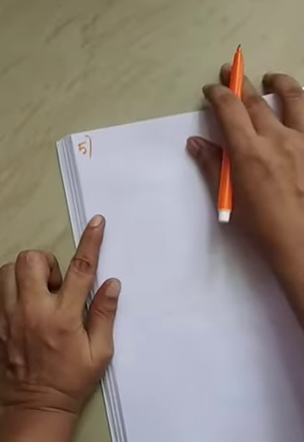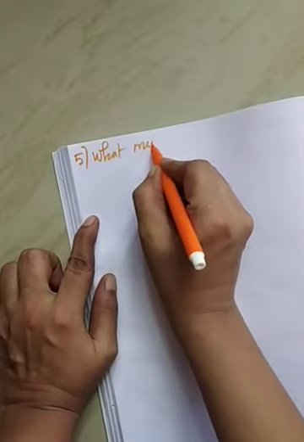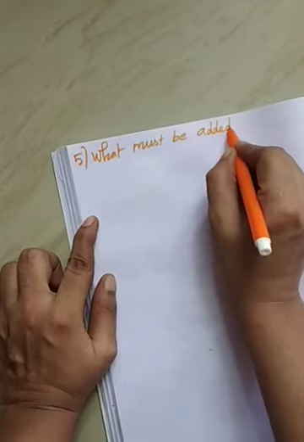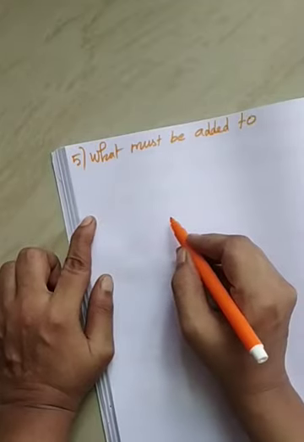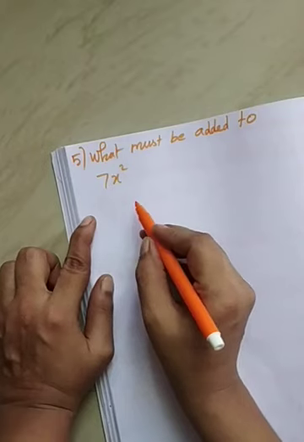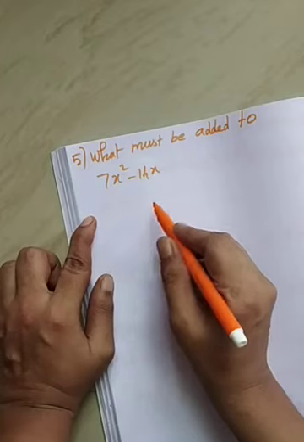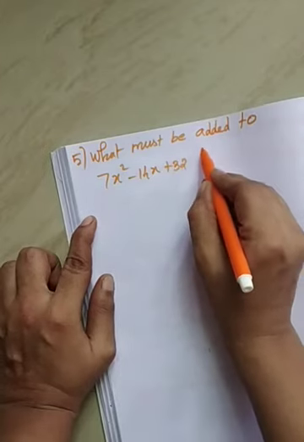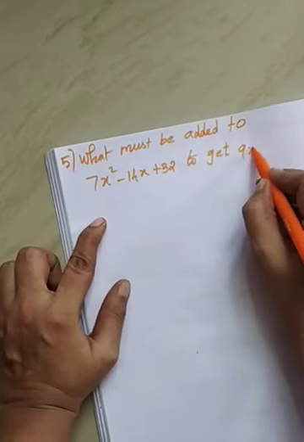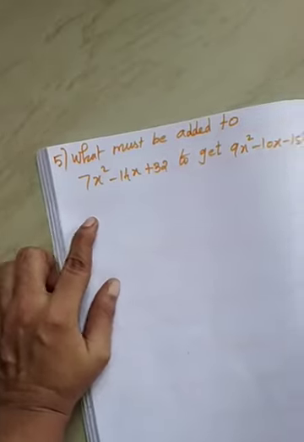What must be added to 7x squared minus 14x plus 32 to get 9x squared minus 10x minus 15?